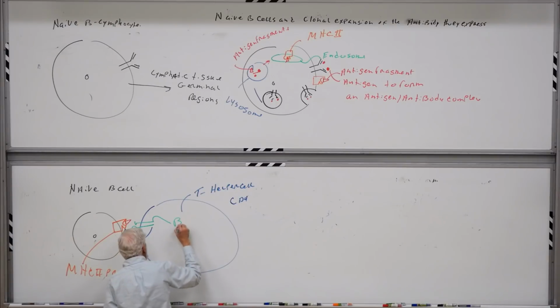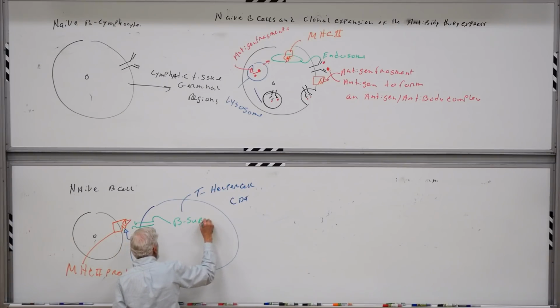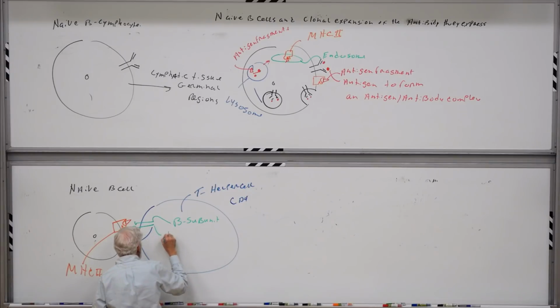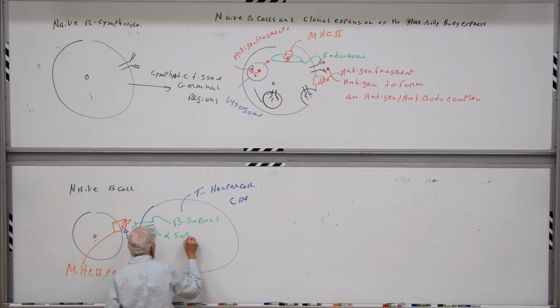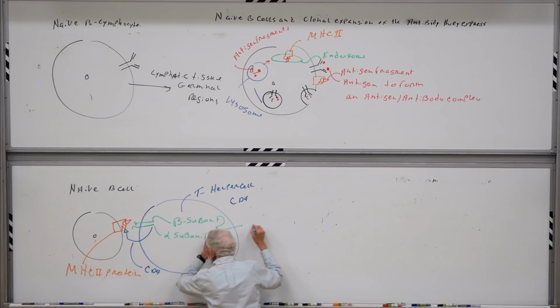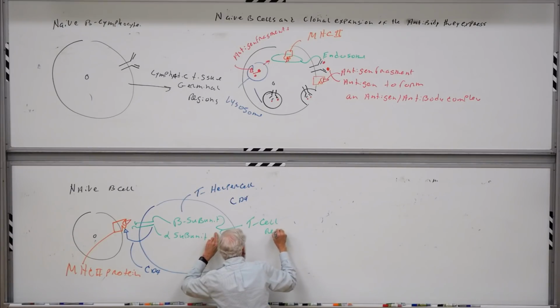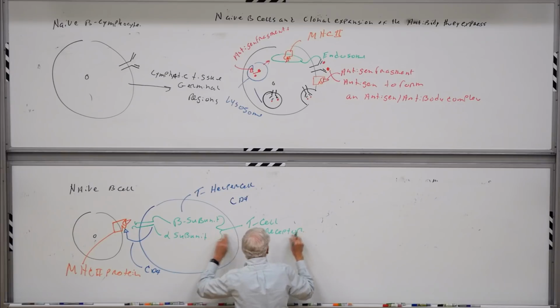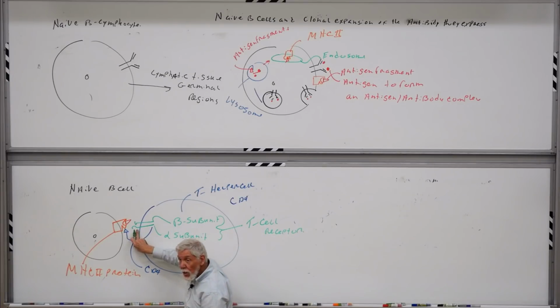composed of a beta subunit and an alpha subunit. Taken together, the beta and the alpha subunit are the T cell receptor. The T cell receptor has a three-dimensional shape out here at the end.